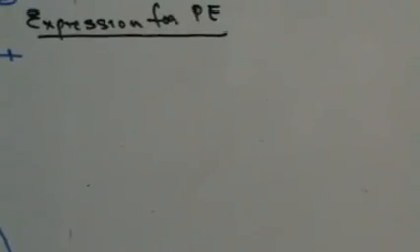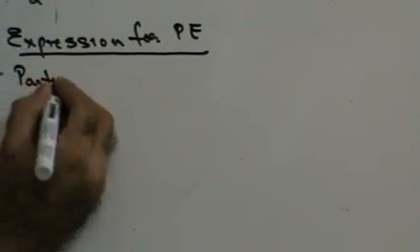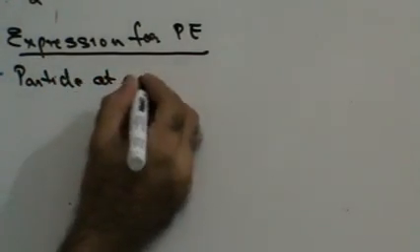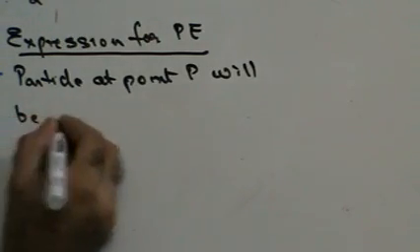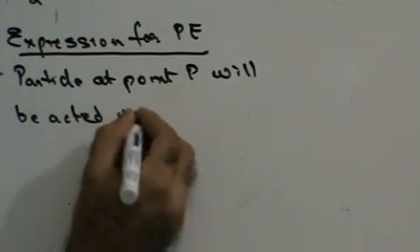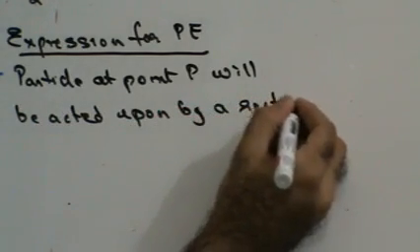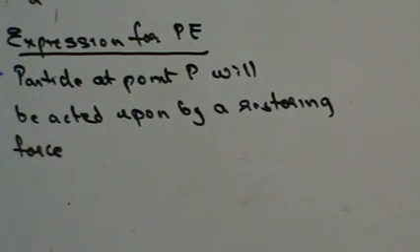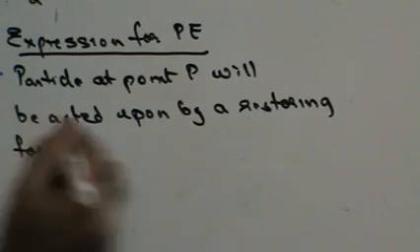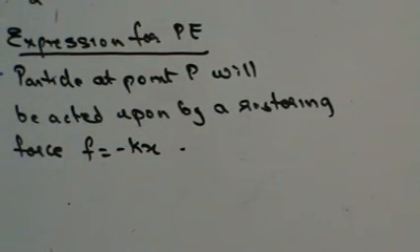A particle at point P will be acted upon by a restoring force, and the restoring force is going to be equal to F, which is minus kx. That will be the restoring force that will act on it.